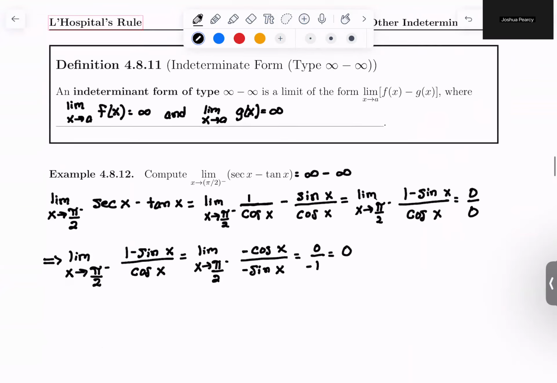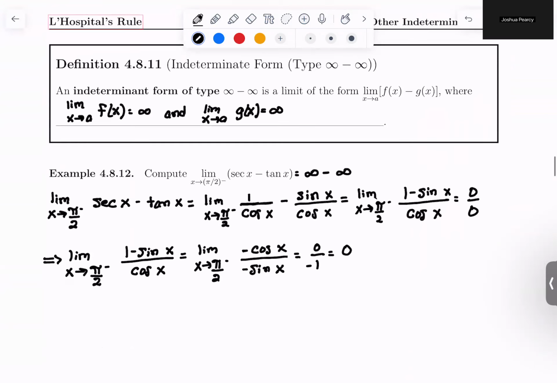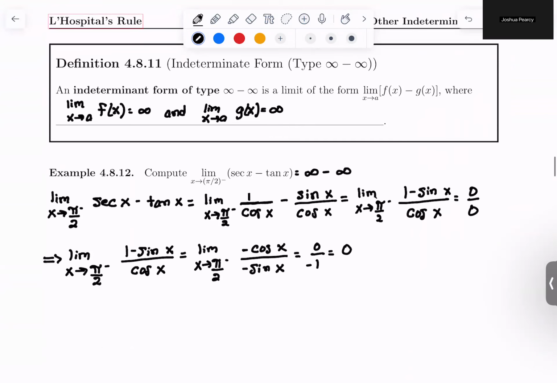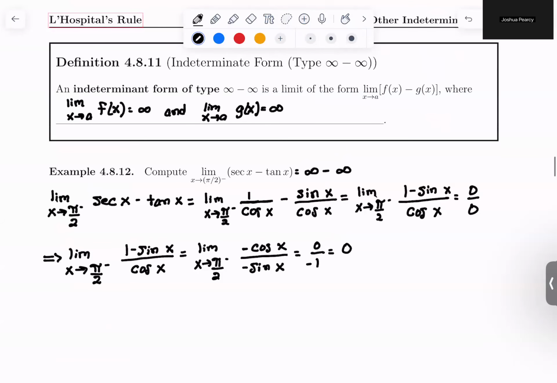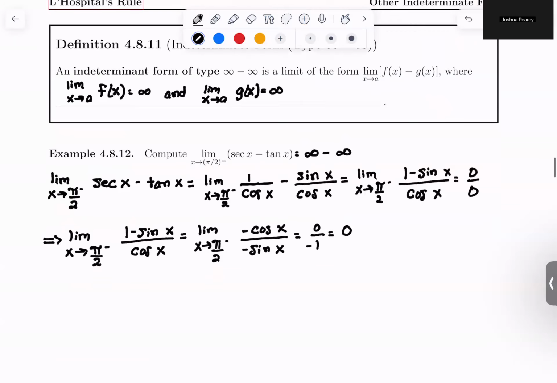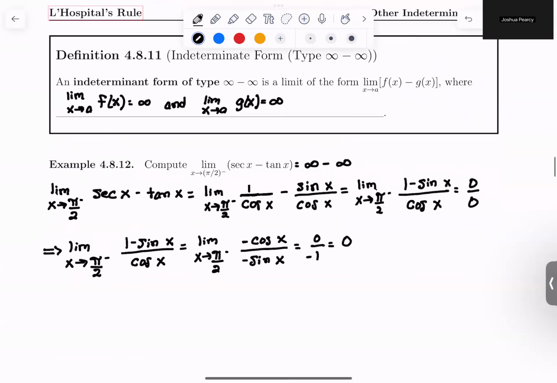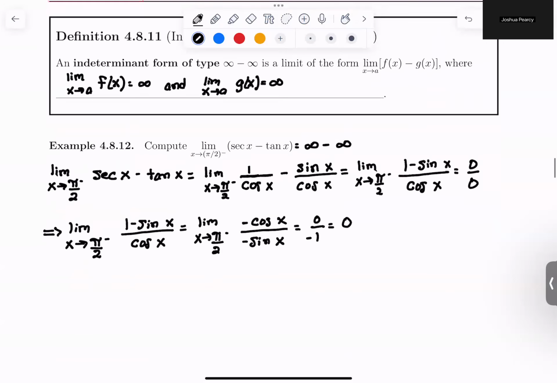So this first one here, we don't really have to do anything. We just have to notice that we can simplify this problem by rewriting the difference in terms of the trigonometric functions expanded out. Here it says the limit as x goes to pi over 2 from the left of secant x minus tan x. If we graph this and try to find these limits individually, you end up with infinity minus infinity.